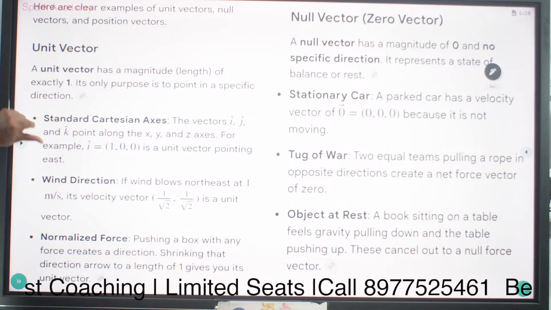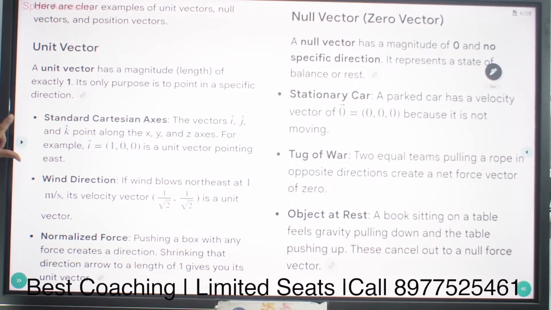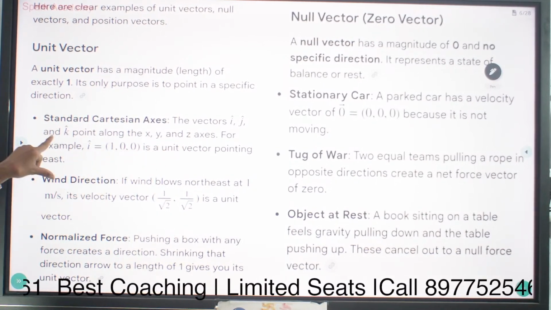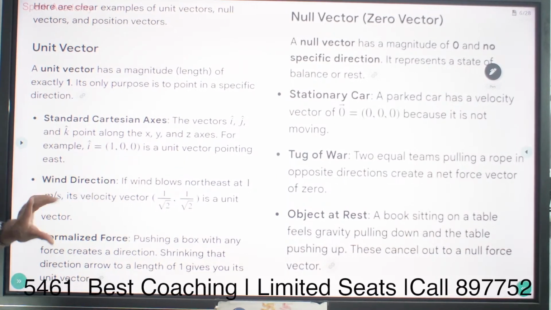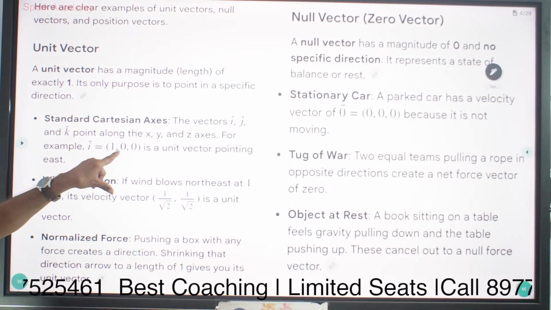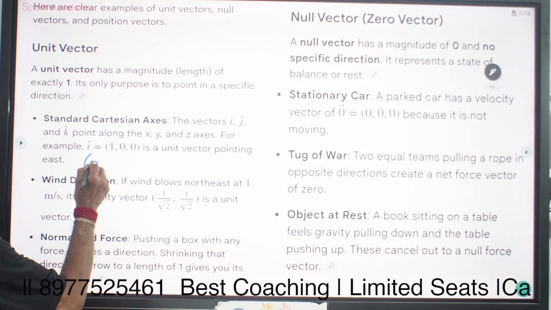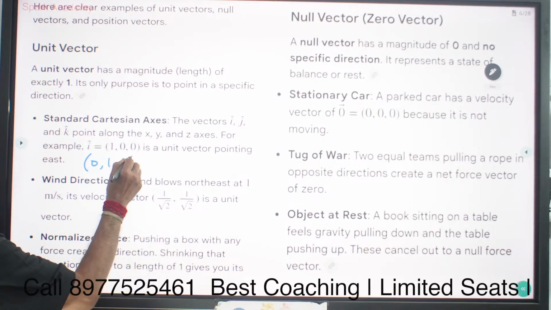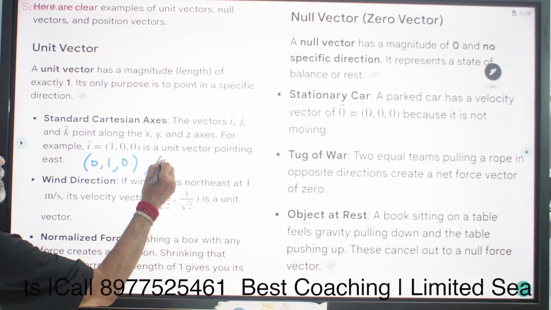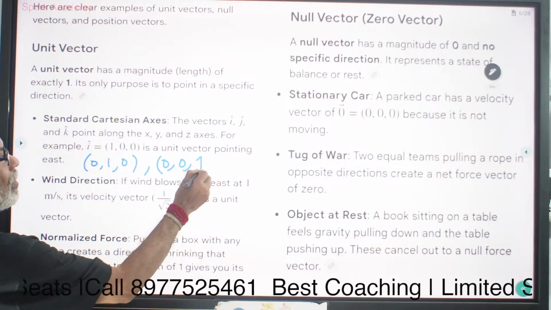Okay. Now some more examples explicitly. These are the examples of unit vectors. See, the vectors i, j, k point along x, y and z. For example, 1 comma 0 comma 0. You can also write this as 0 comma 1 comma 0. You can also write this as 0 comma 0 comma 1.